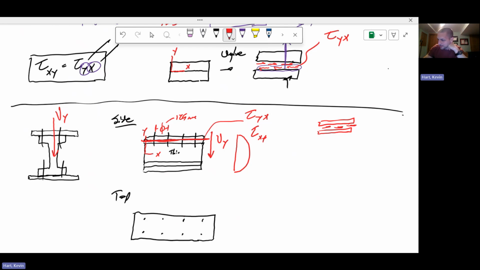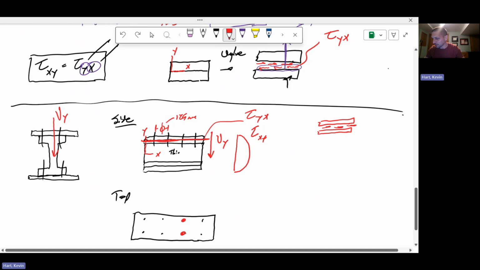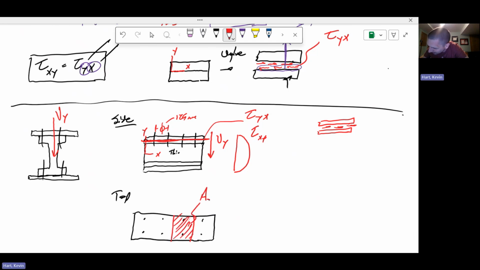What has to happen is these bolts that exist every so often, every so frequently, they need to cover the shear stress that's generated every so often. So what I mean by that is like this region here is an area. I'm going to call this AY. More on that in just a second. This is an area that these two bolts must protect against.